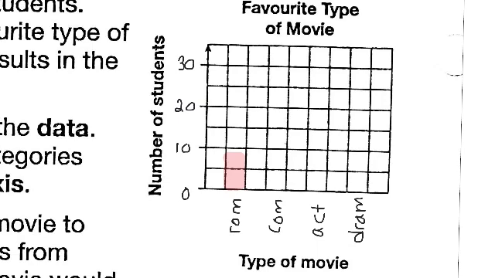Comedy is 21, according to the data table. So 21, so it's just a little bit past. Action is 24, so not quite up to the 25 mark. And then drama is 6. So just a little past the 5 mark.